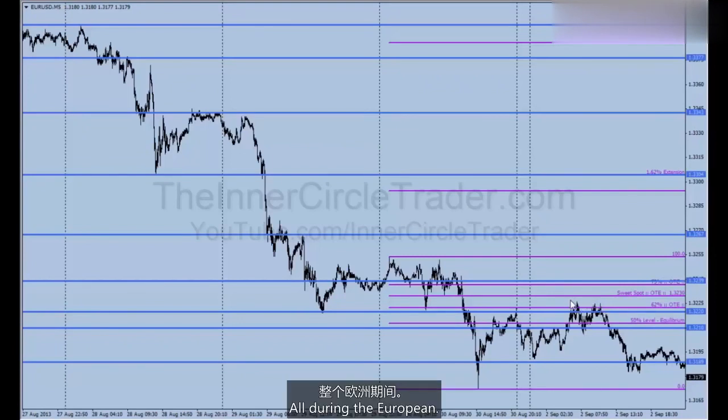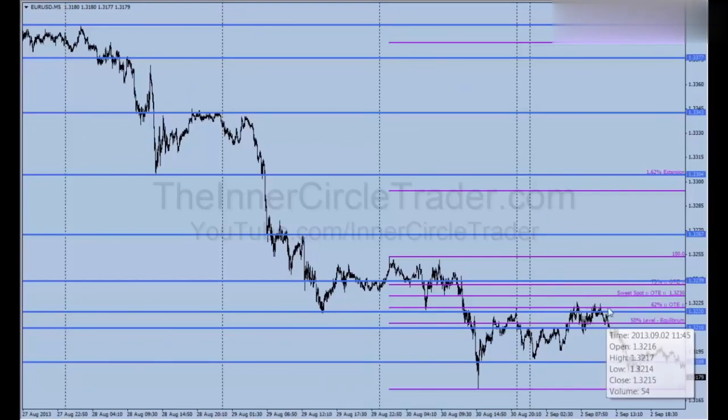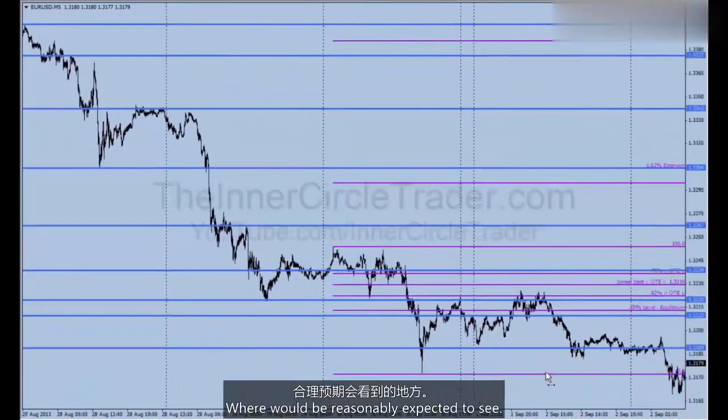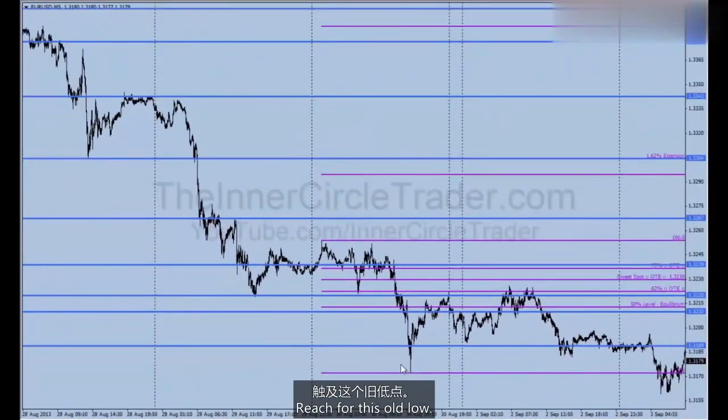So all during the European and London session, we have several opportunities to be a seller into old lows, broken now resistance, and then market moves lower. Where would you reasonably expect price to reach? This old low. Again, we're looking for support resistance levels to aim for targets.